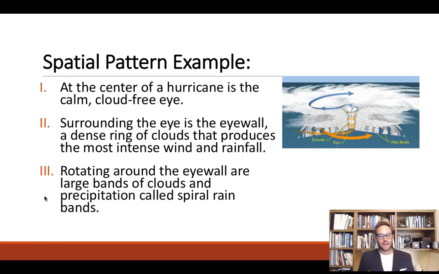And then surrounding the eye is the eye wall, a dense ring of clouds that produces the most intense wind and rainfall. And then rotating around the eye wall are large bands of clouds and precipitation called spiral rain bands. And so again, with this spatial organizational pattern, we're seeing that directional pattern from the inside moving outside.